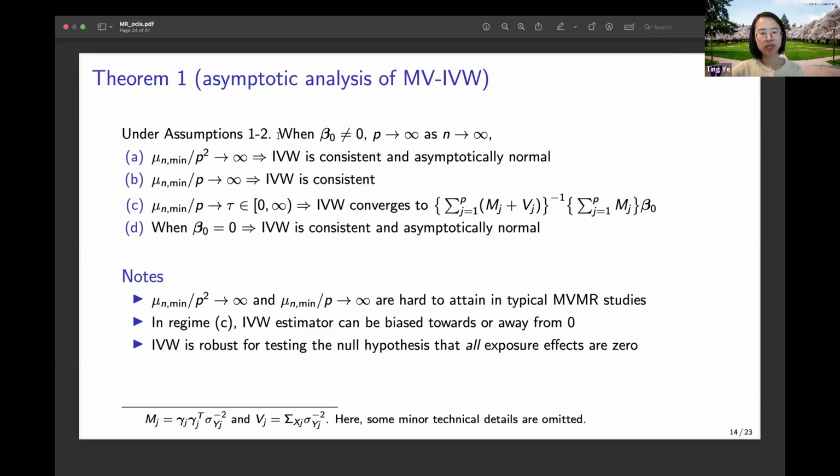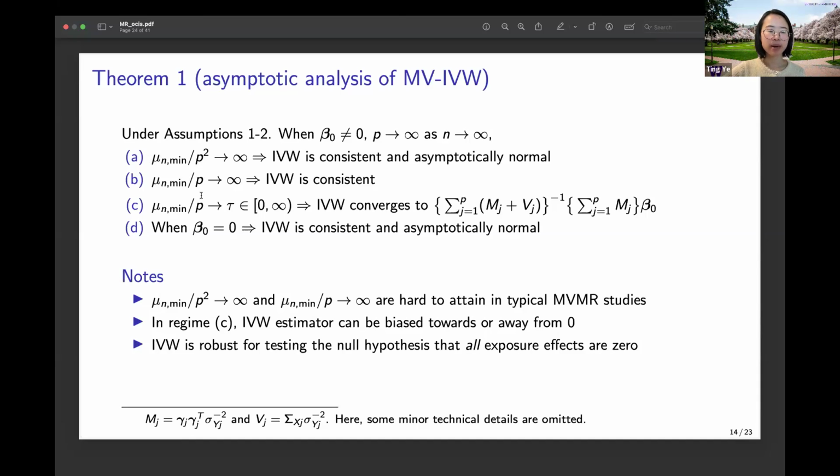Under our assumptions, when beta 0 is non-zero, and when P goes to infinity as the sample size goes to infinity, so we assume the number of IVs is very large, then the following conclusion holds. If the minimum IV strength, which is the minimum value in all the mu k that we assume in the weak IV asymptotics, divided by P squared goes to infinity, then the IVW is consistent and asymptotically normal.